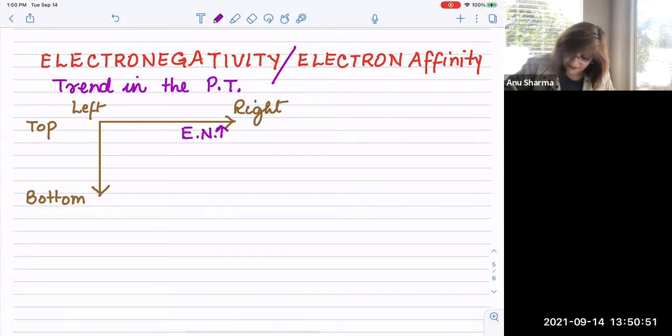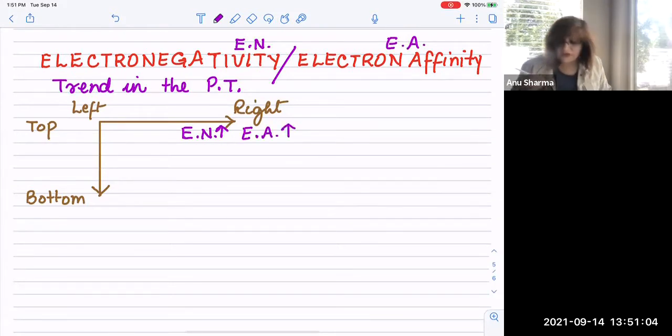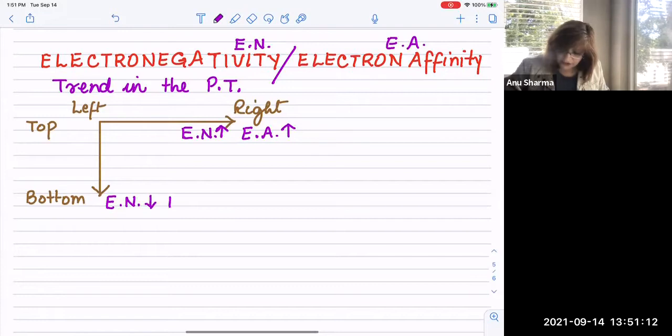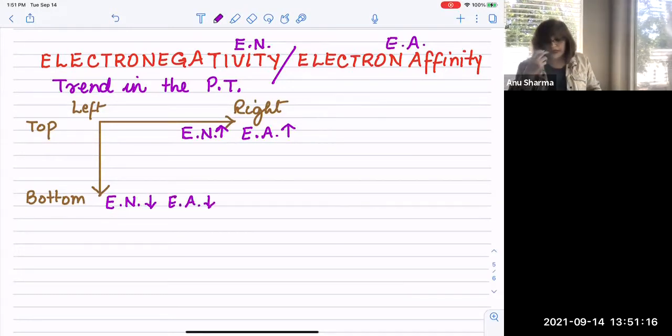Electronegativity is EN, and electron affinity is EA. Electron affinity increases too. When you go from top down, electronegativity decreases and the electron affinity also decreases. So both of them go side by side.